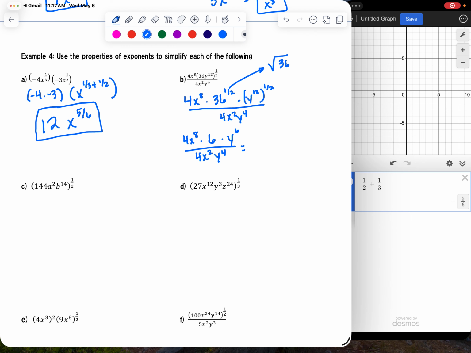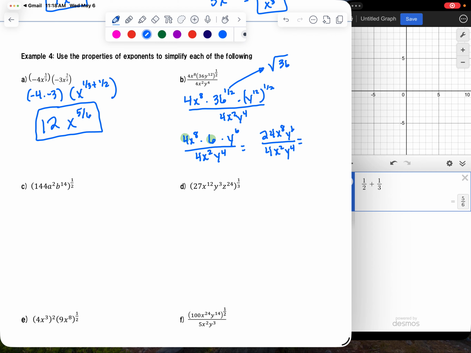All right, now let's simplify the numerator a little bit more. We can multiply our coefficients here. We have 4 times 6, which would be 24 x to the 8, y to the 6, divided by 4x squared y to the 4. Now we just have a division problem.